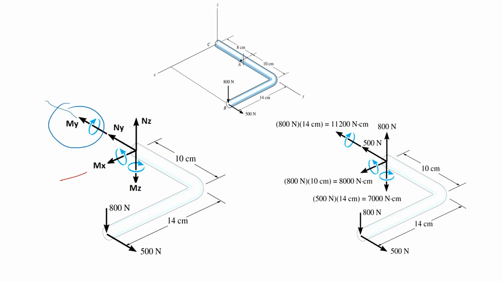My is a moment around the axis of the section, which is actually a torsion, and the torsion created around the Y-axis is in equilibrium with the torsion created by this 800 times this moment arm.